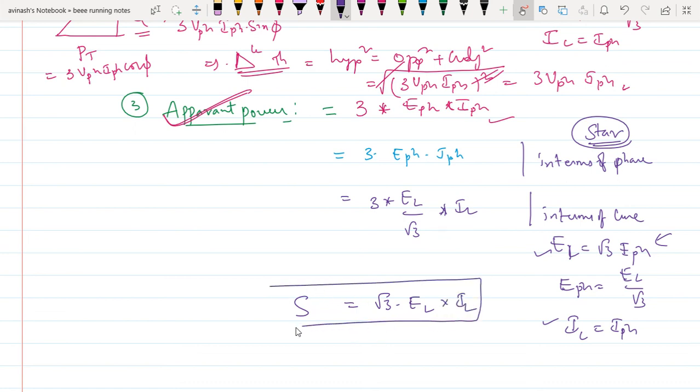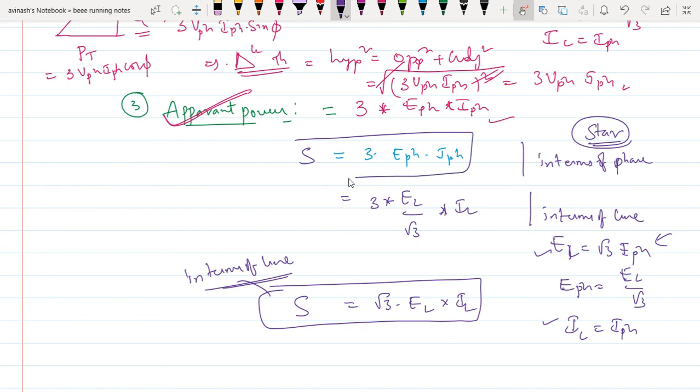So this power is the apparent power in terms of line. And this is the apparent power in terms of phase. Hope you understand this point. Clear? Thank you.